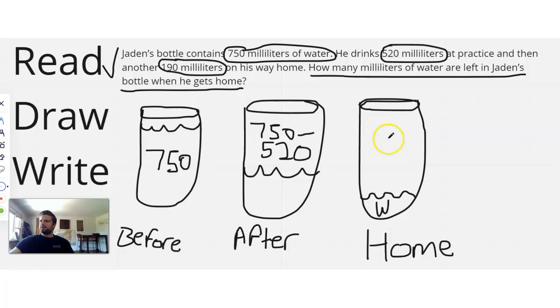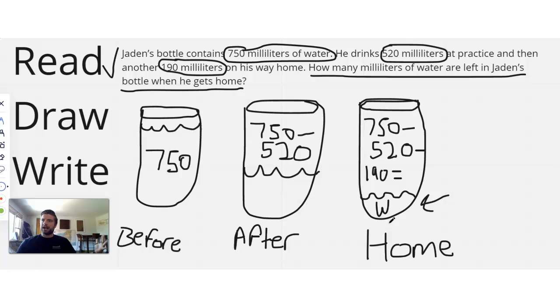Okay? So basically, he starts with 750. We take away 520. And then we take away another 190. And that's going to be our answer, W.